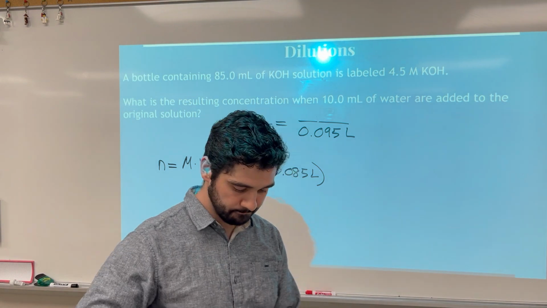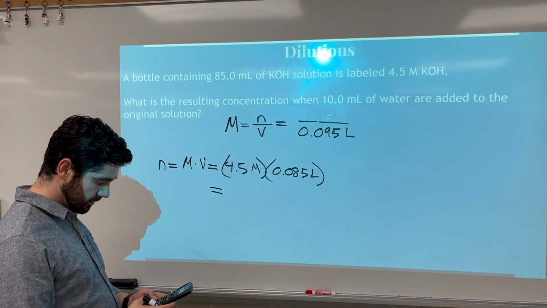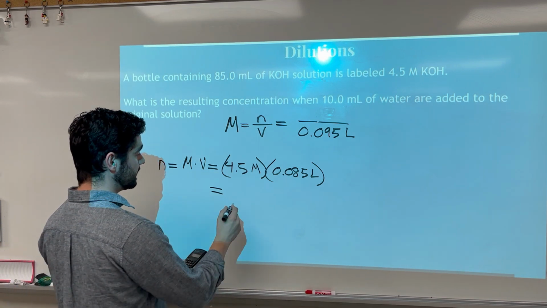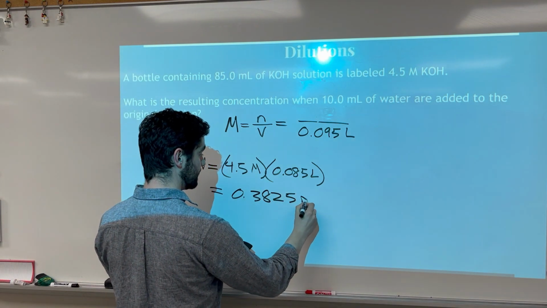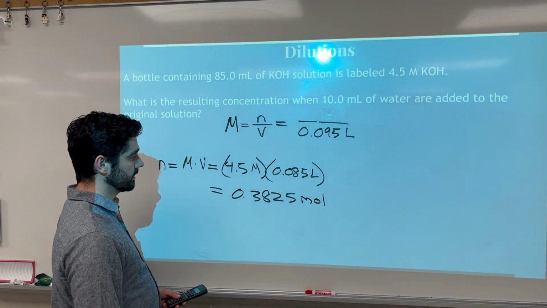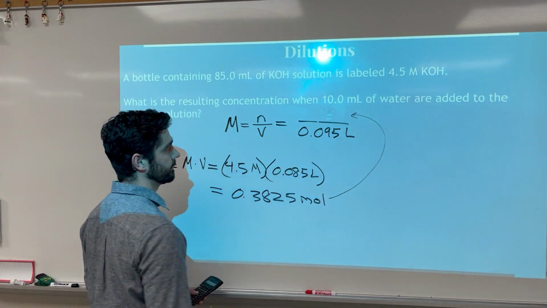Oh, here's one right here. So 4.5 times 0.085 means that I had 0.3825 moles of potassium hydroxide. Okay, and when I water it down, I still have the same number of moles, so I can just plug it in up here.